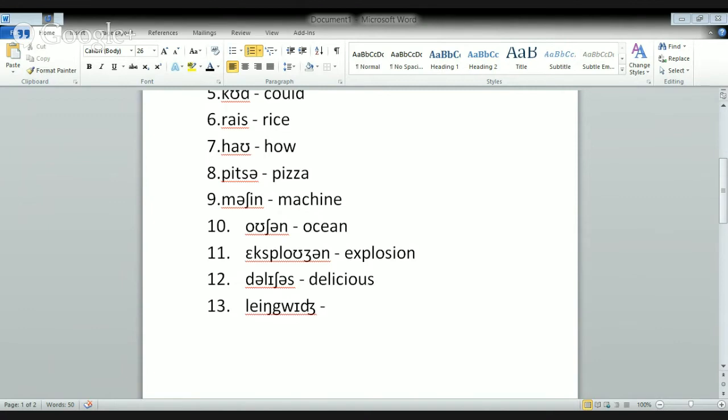Language. Yes, this is language. Normally in English when you have this NG, it's just pronounced N, but sometimes when it's followed by a vowel, that G comes back. So it's not lanwidge, it's language.